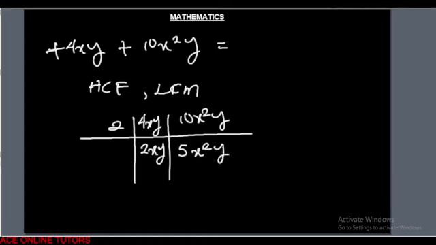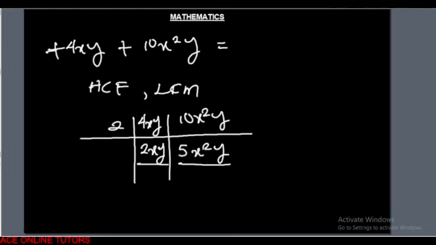Now this one is different from LCM in the sense that if it is LCM, you continue dividing until you get to 1, but this is not so. For HCF, you continue dividing until there is no value that can divide the two again. That's when you stop. So is there anything that can divide this?